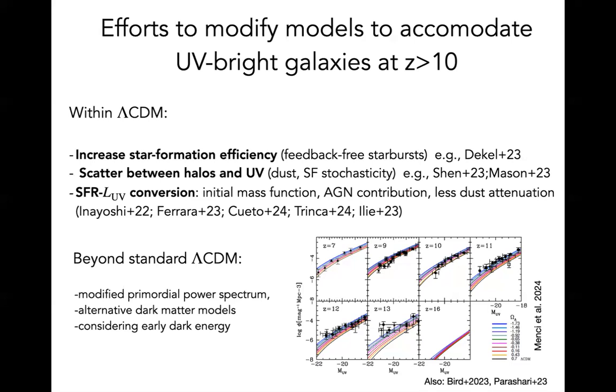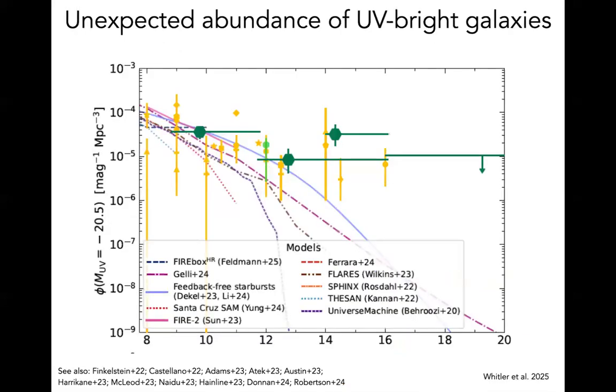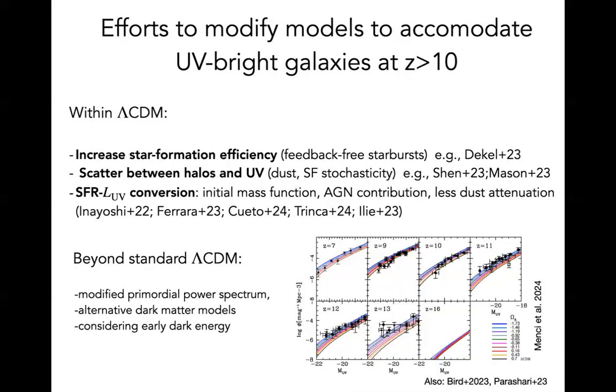Staying within lambda CDM, there are works increasing star formation efficiency, for instance a feedback-free model by Dekel, or trying to explain this with the scatter between the UV and the halos in your standard lambda CDM halos. And there are stochastic star formations that, if you consider them, can solve for the curves that I was showing you before.